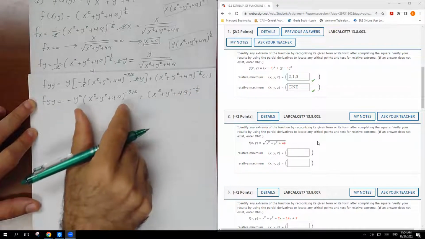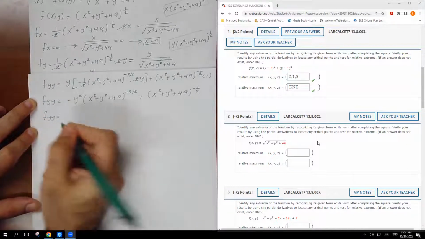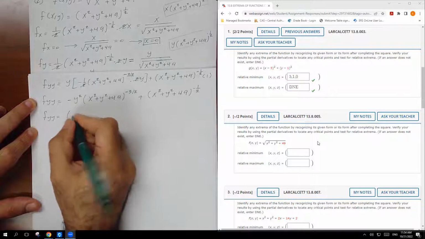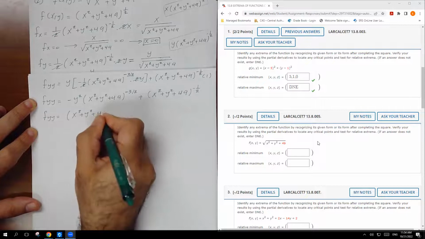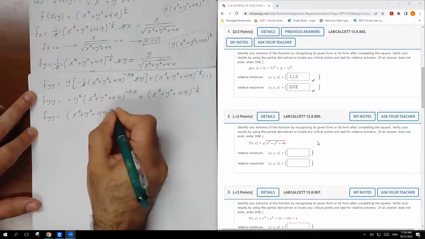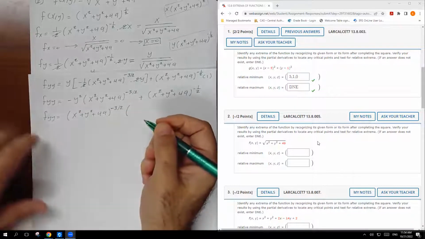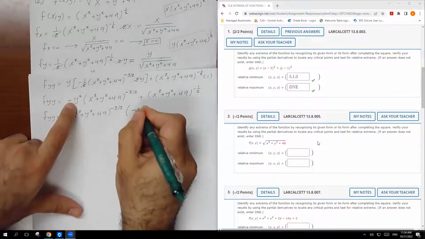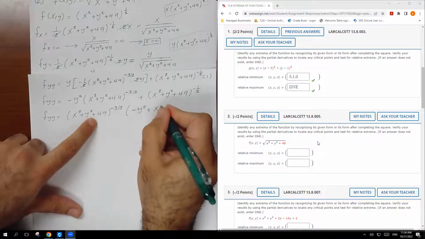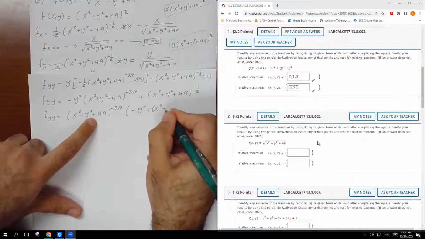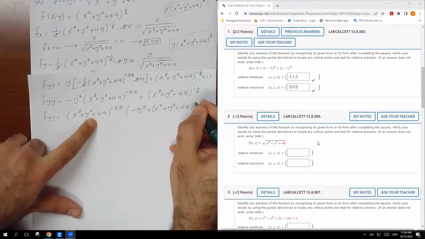Now let's take this one as a common factor. That means f sub yy is going to be (x squared plus y squared plus 49) to the power negative 3 over 2, and what's left here is negative y squared plus (x squared plus y squared plus 49) to the power 1.